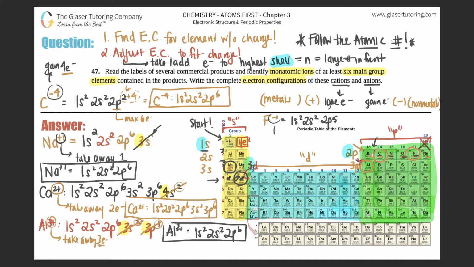The -1 tells me that I need to gain 1 electron. So the 5 plus 1 will turn into the max of 6. So F -1 would be 1s2, 2s2, 2p6. Box that answer off.